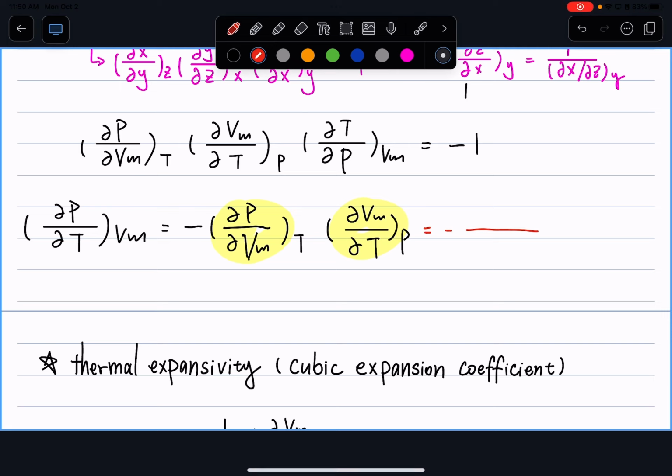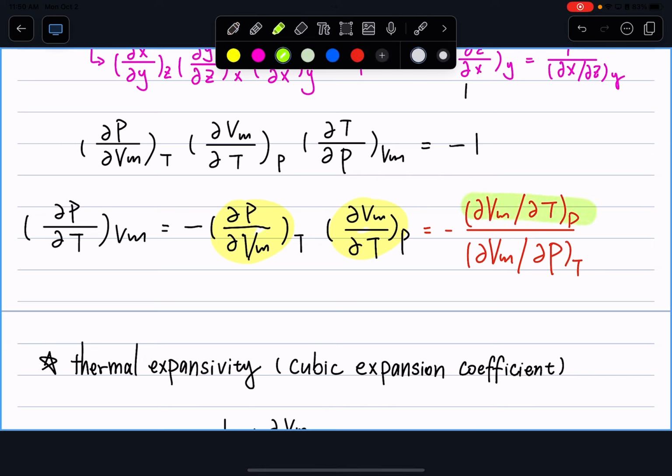That gives you negative on the top, the partial derivative of Vm over T at constant P, and on the bottom the partial derivative of Vm over P at constant temperature. Effectively, what we chemists are measuring are just these two partial derivatives that give you the relationship of temperature, pressure, and volume. That's generally true, and that's the kind of experiment you should be designing if you want to find the actual relationship between P, T, and V.